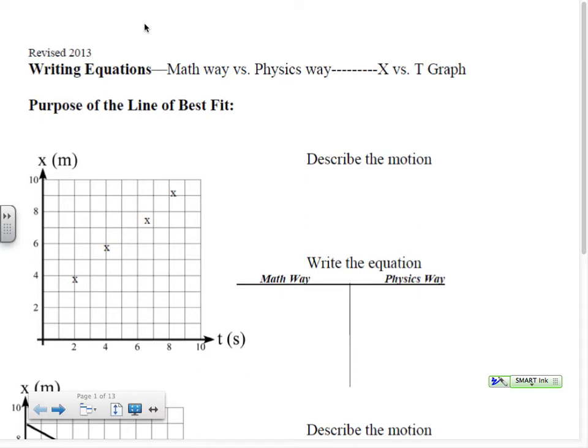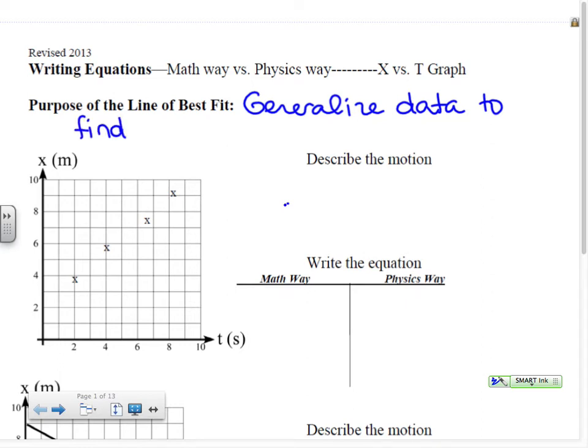So if you take a look at the sheet that's in front of you, the purpose of our line of best fit is to generalize data. Once we generalize the data, we're able to see what kind of mathematical trend there is. There could be lines of best fit and there could be curves of best fit, but the point is we want to generalize it to find a mathematical trend.